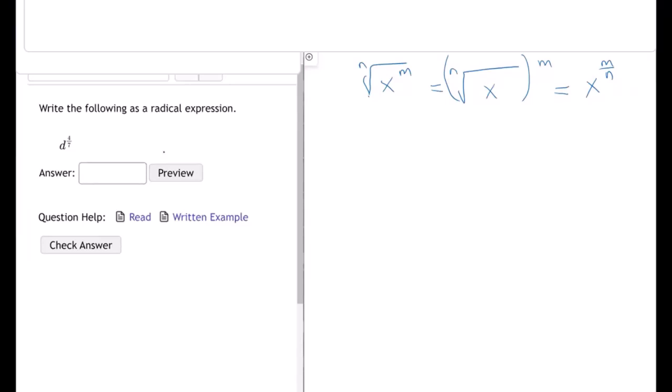Well, let's say I have the fourth root of 16 to the fifth power. I don't really want to calculate 16 times 16 times 16 times 16 times 16 without a calculator and then take the fourth root.